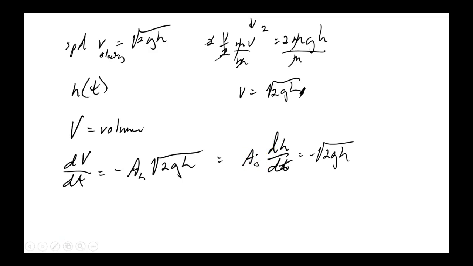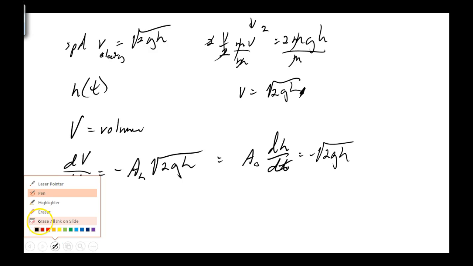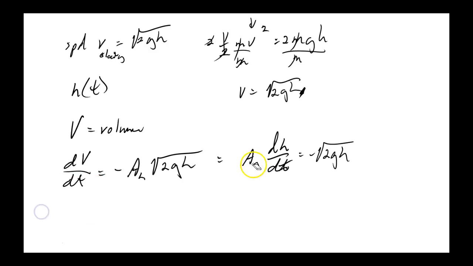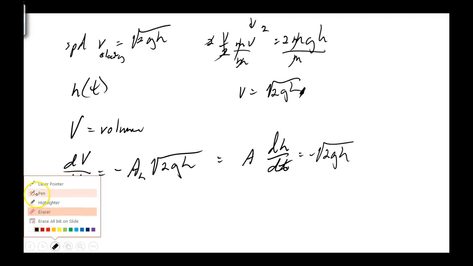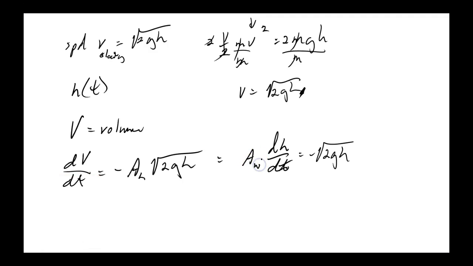I think that's a 0 they use. No, that's a W. I can't see. I don't know why they use W, but they use A sub W. That's the area of the tank. Okay, this is the area of the hole. So then, let me clean this up some.